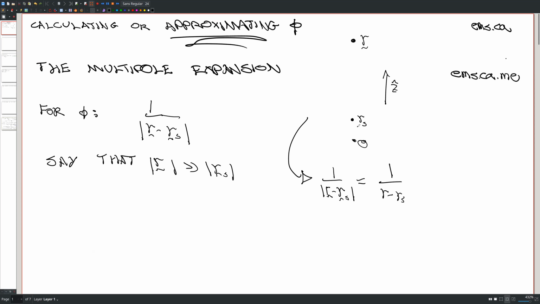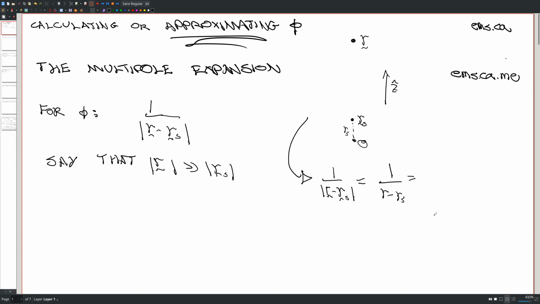This is the vector position, but then the distance here is rs, and the little scalar r here is just the distance linking the origin to the observation point. The point is that I can write this as a Taylor series.